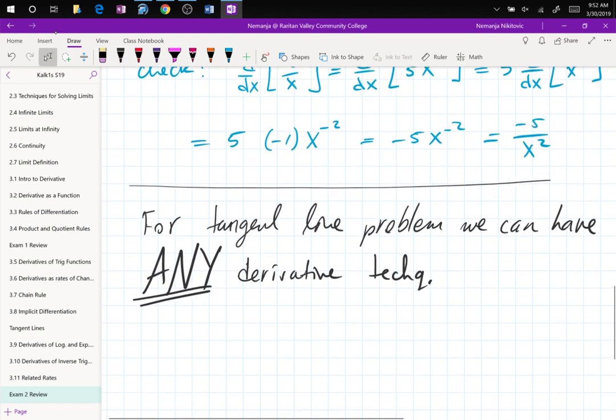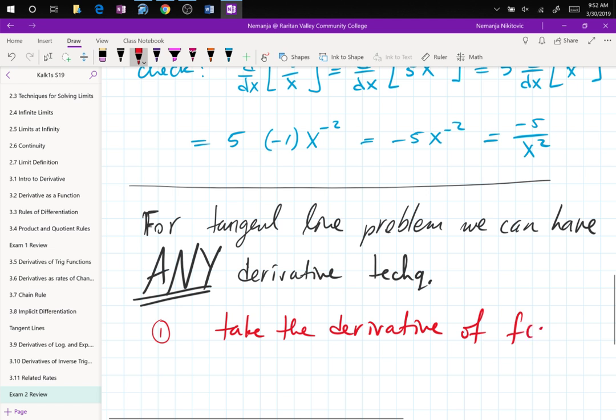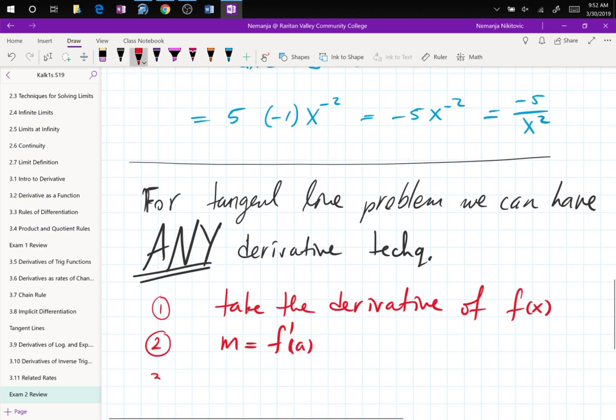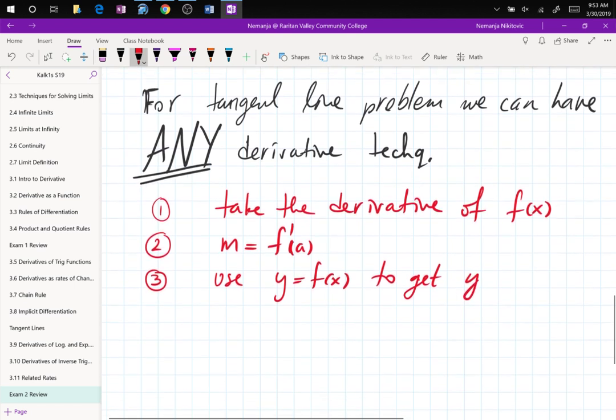So the procedure for tangent line is, number one, take the derivative of f of x. Number two, slope is the derivative calculated at the point. Number three, use y equals f of x to get y, because y is not always given to you.